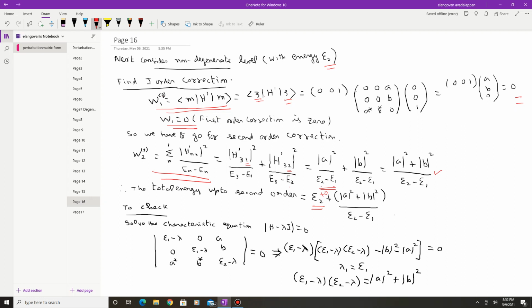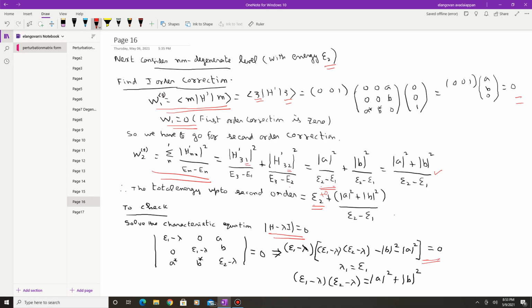Now so far we have calculated the first order correction for the degenerate level and the second order correction for the non-degenerate level. And this can be easily checked. How to check this one? You take the unperturbed Hamiltonian and solve the determinant H minus lambda. Once we solve this, you have the characteristic equation.